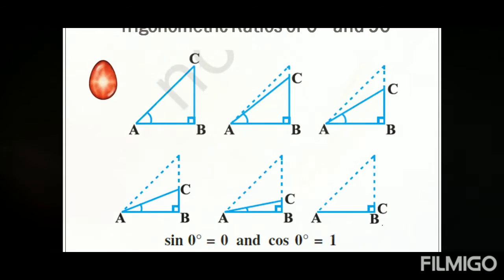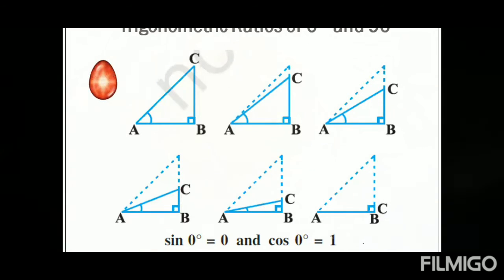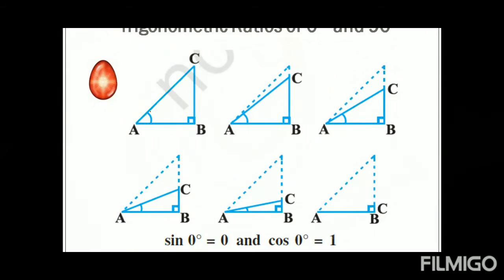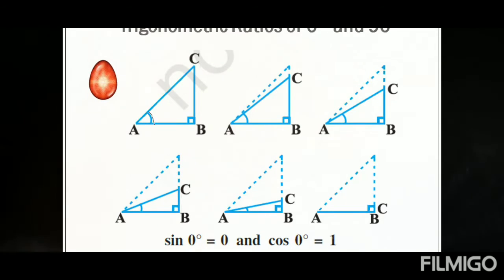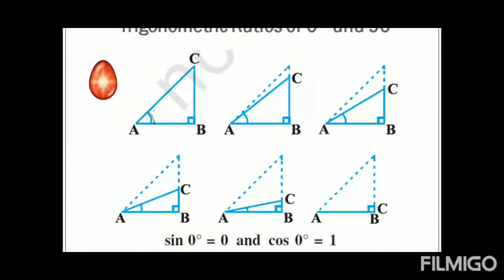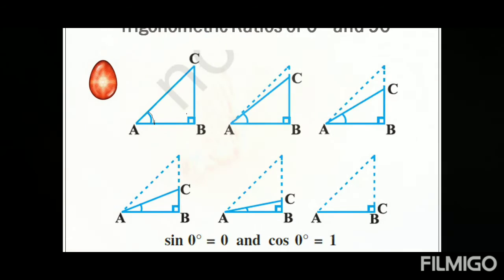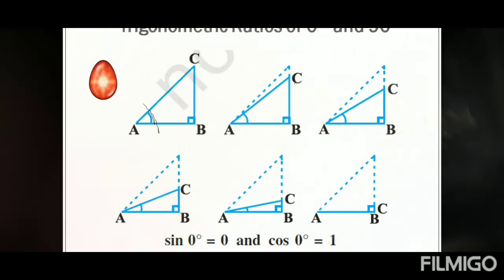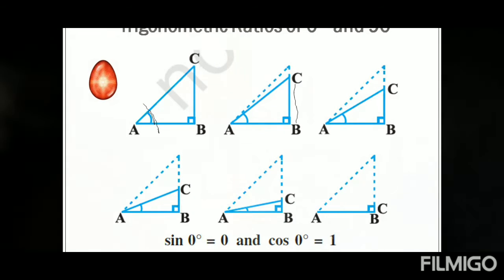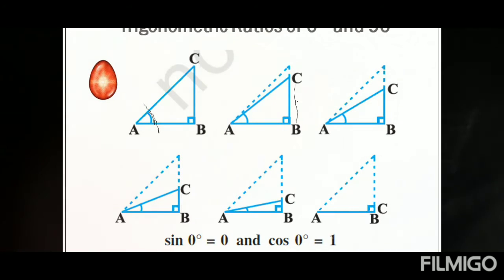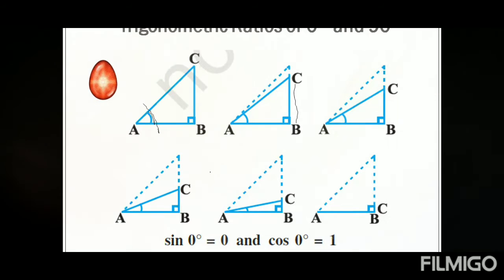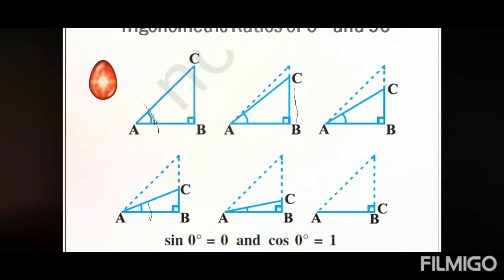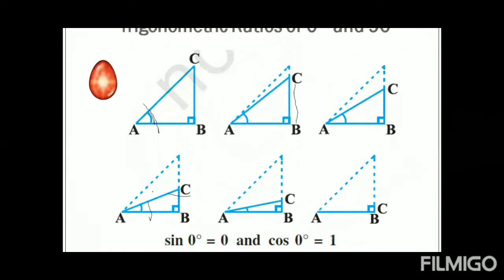Trigonometric ratios of 0 degree and 90 degree. Okay, just imagine when this angle A decreases till 0 degree, the length of CB will be decreasing. And when angle A gets decreasing and decreasing, the angle C gets increasing and increasing.